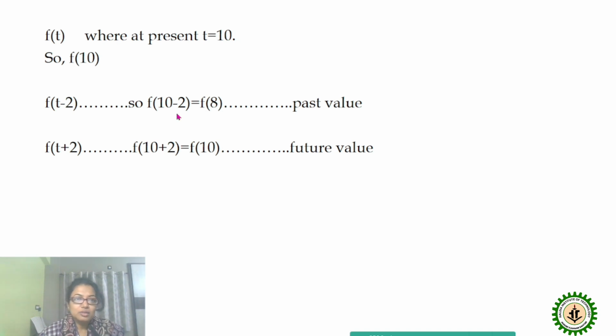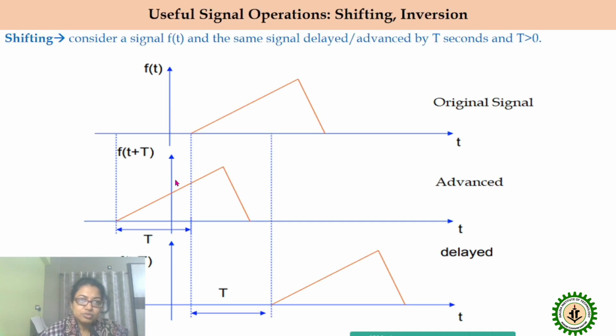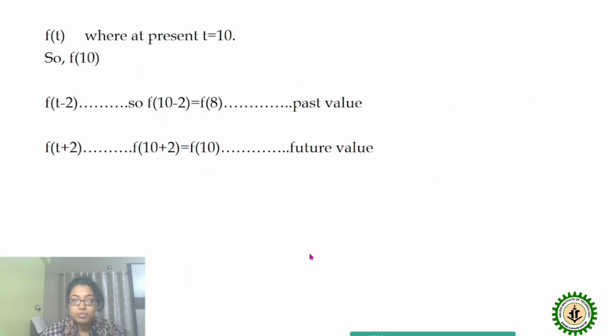You can write it in another way also. This is the original signal, written as f of t, the advanced signal is written as f of t plus t, and the delayed signal is written as f of t minus t. So why have you written plus and why minus?